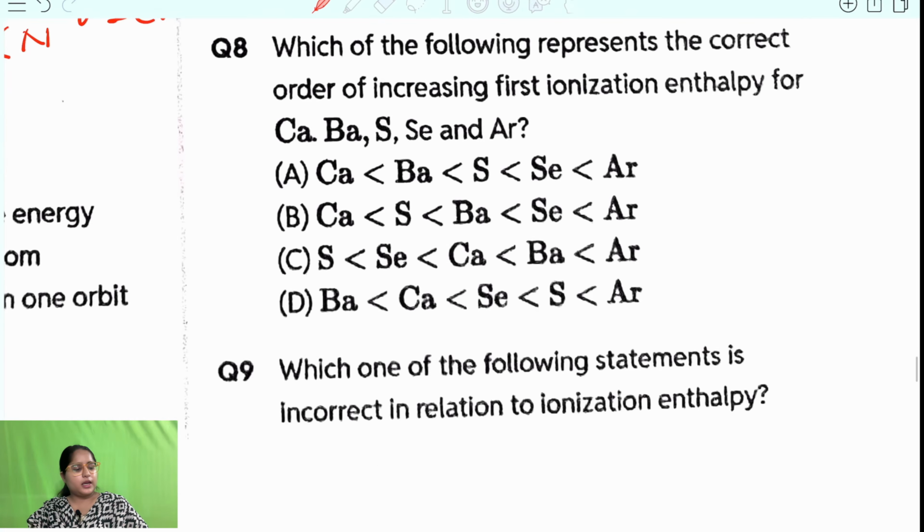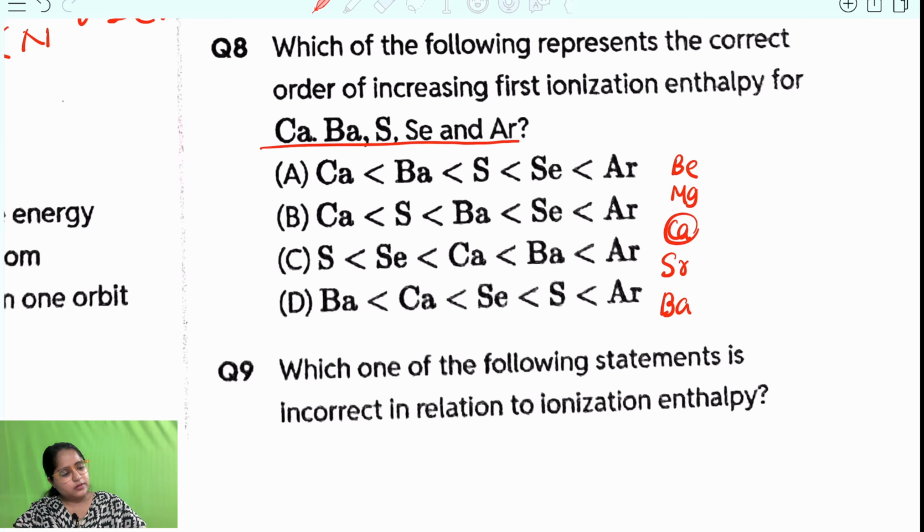Then question number 8: which of the following represents the correct order of increasing first ionization enthalpy for calcium, barium, selenium, sulfur, and argon? So we need to arrange them. So beryllium, magnesium, calcium, strontium, and then barium.